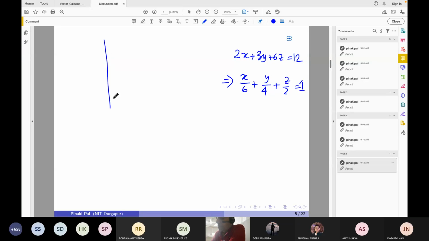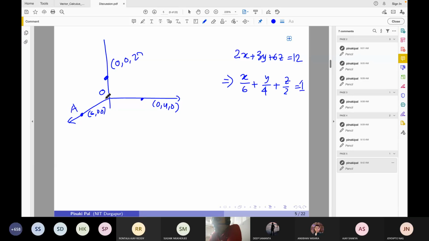So this is my coordinate system, and 0. The x-axis is intercepted at the point 6, 0, 0, and the y-axis is intercepted at the point 0, 4, 0, and 0, 0, 2.